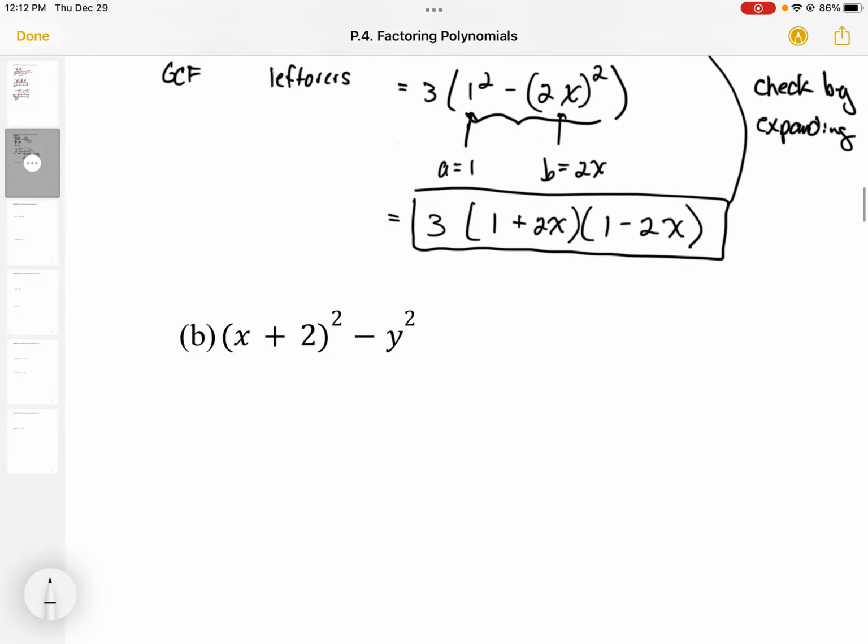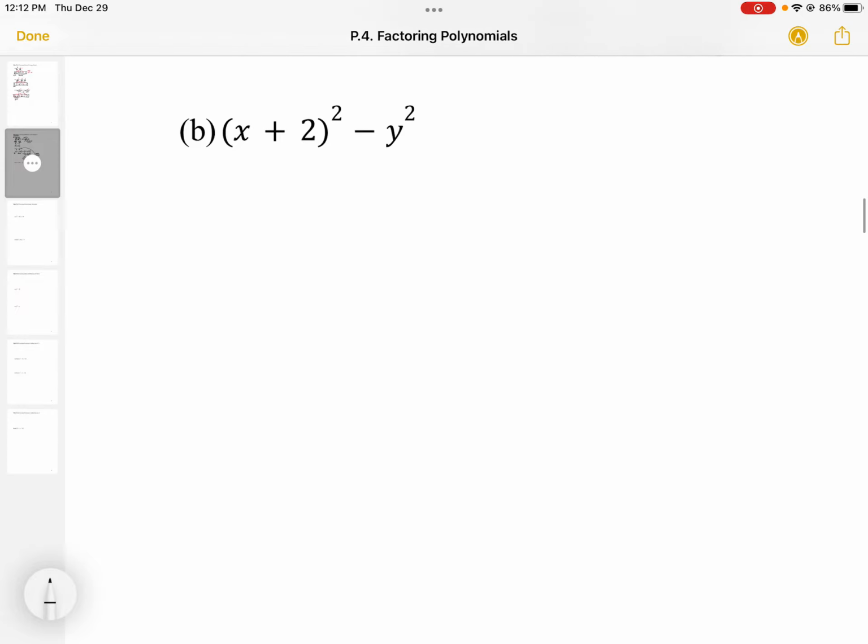Now let's look at one more example. So we have x plus 2 quantity squared minus y squared. So this is a difference of two squares where our first term is x plus 2 squared, so our a is x plus 2, and our second term is y squared, so b is y.